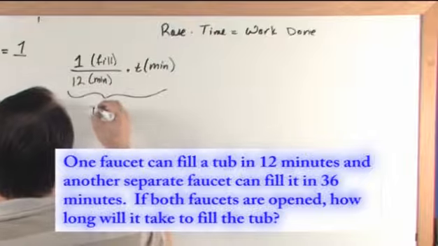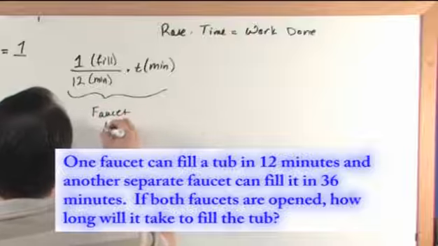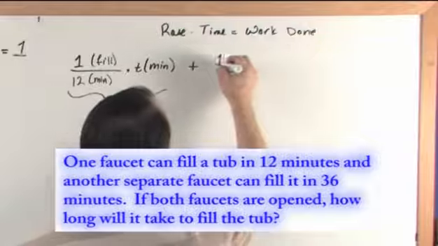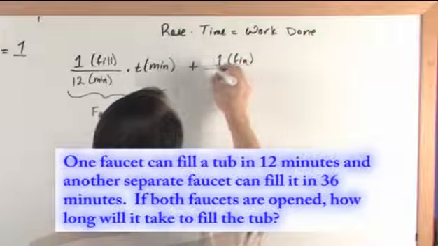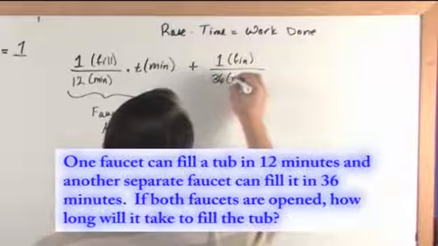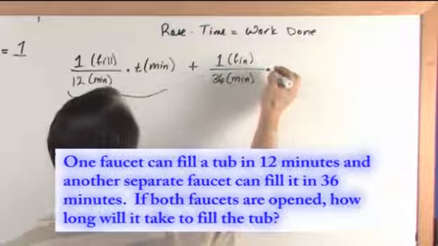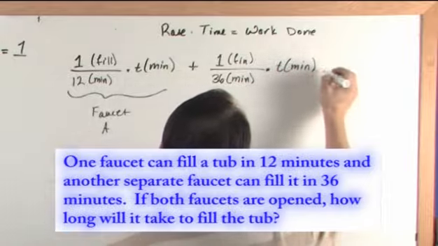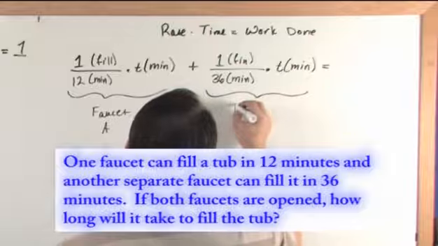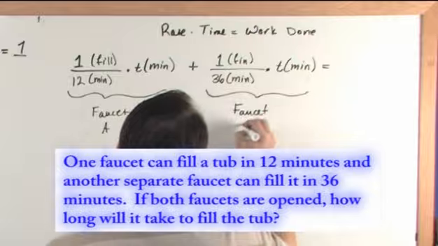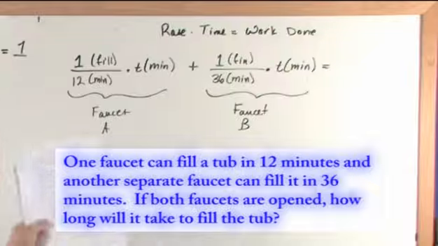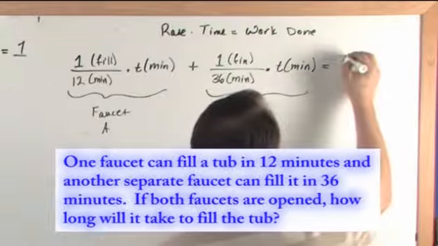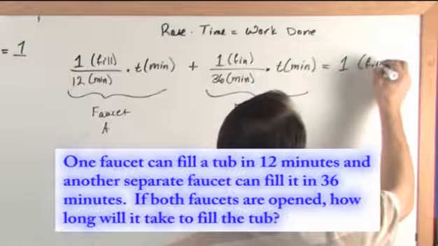This will be faucet A, and I'm going to add to that how much faucet B can contribute, and faucet B can do one fill in 36 minutes, and I'm going to multiply that by the same amount of time that again I do not know. Okay, this is faucet B. This is how much faucet A can fill the tub in that time and how much faucet B fills the tub, and together they must do one fill of a bathtub.